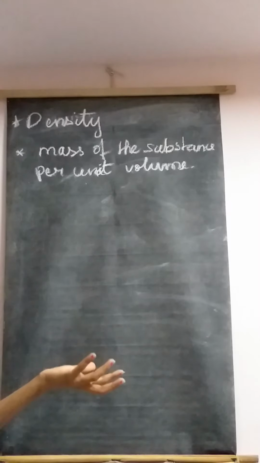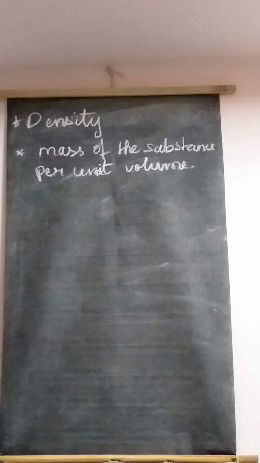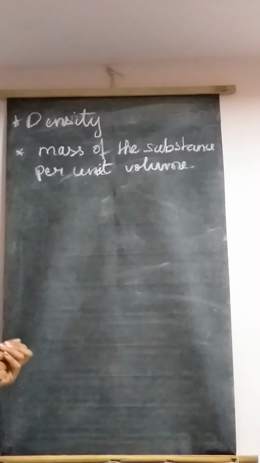Mass of the substance is the amount of matter present in it, the weight of the substance, how much it weighs. And the space occupied by the matter is called its volume.